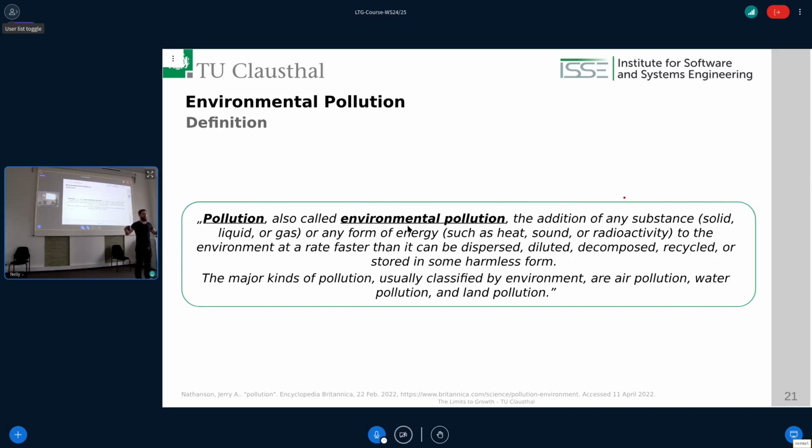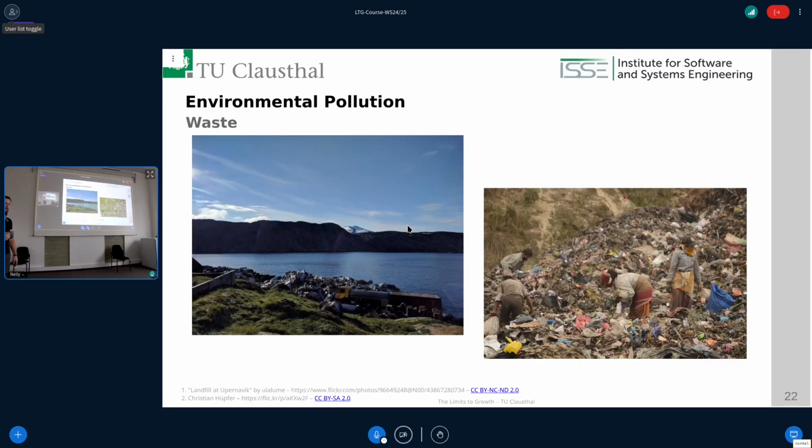And of course, once again, there are many definitions of pollution. I'm very happy to be presented alternative definitions that transport the same information, but I find this one very good. Different types of pollution. Last week, I already talked about that example from Greenland, where the truck was just reversing and dumping the trash into the fjord.